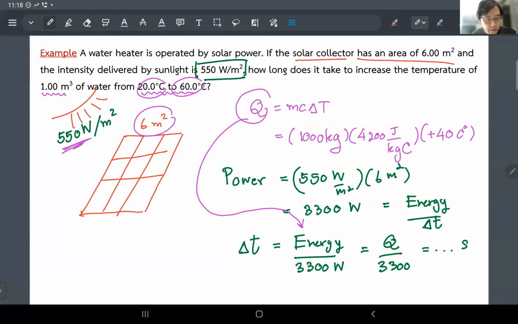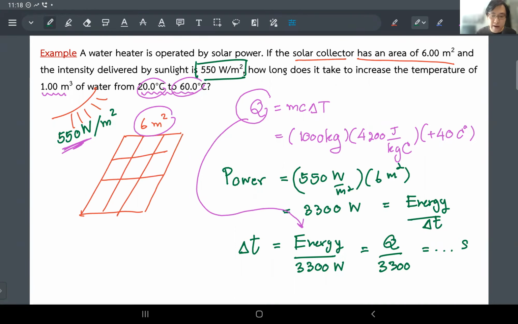Sounds good. Not too bad. So this is just a straightforward application of this expression, Q equals m c delta T. Did I make any mistakes in the number calculations here? I hope everything is good. 550 times 6. Okay, all right, guys. This is good.